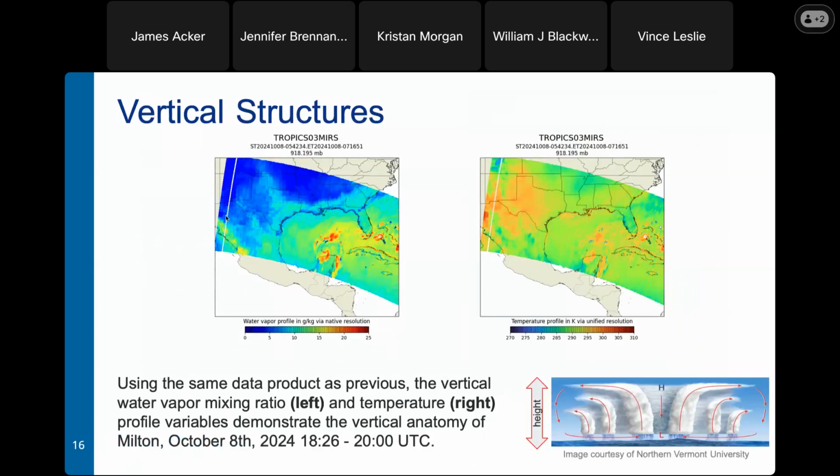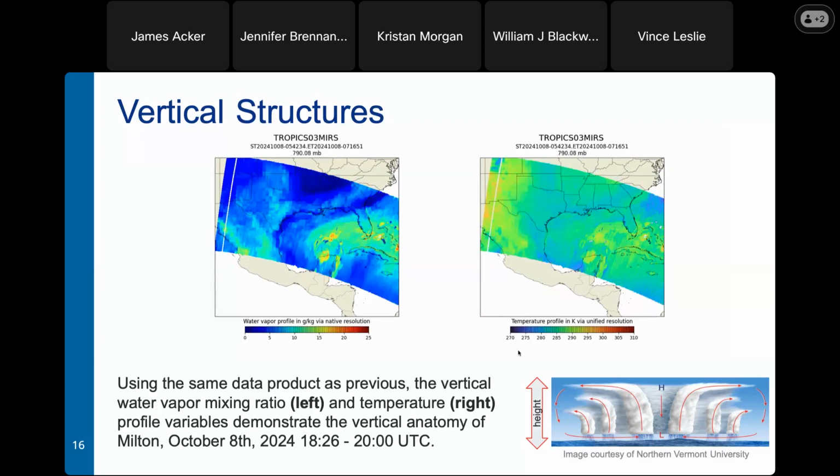This is a really powerful slide in terms of looking at the vertical structure of the cyclone. Let's start down here at the bottom right. Again, we're looking at surface up to height. You're seeing these warmer colors corresponding to the surface, and the cooler temperatures are at height. The image on the right is again taken from TROPICS, the third CubeSat, on the 8th of October.